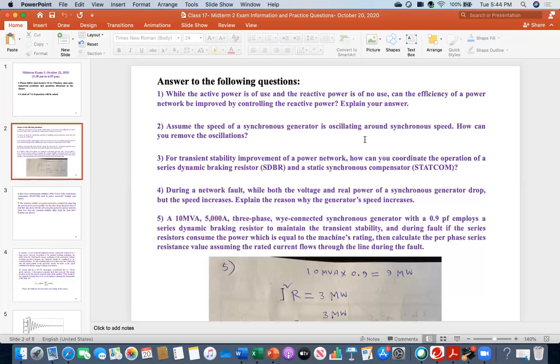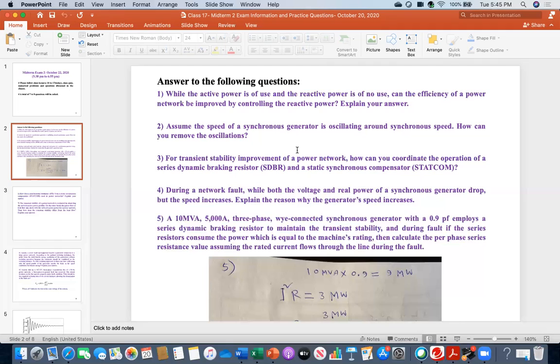So can everybody please write down the answer: by adding the damper winding. I think each of you knows that damper winding has two roles. For a synchronous generator, damper winding is used to eliminate hunting. Hunting is oscillation around synchronous speed due to change in load by the consumers, and to reduce that oscillation you need the damper winding.